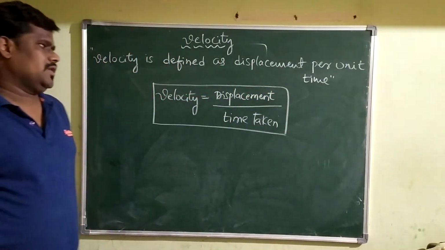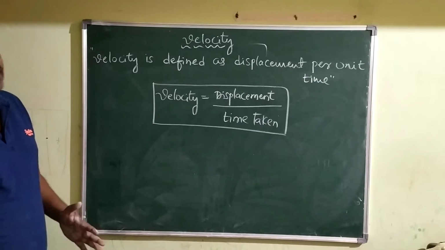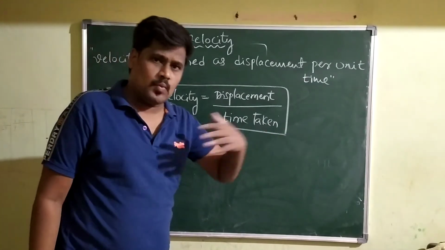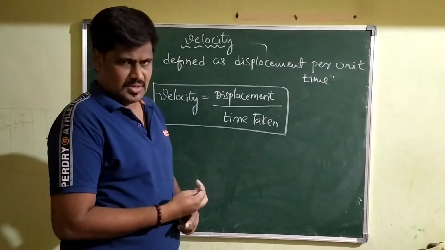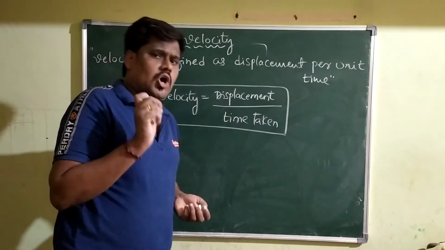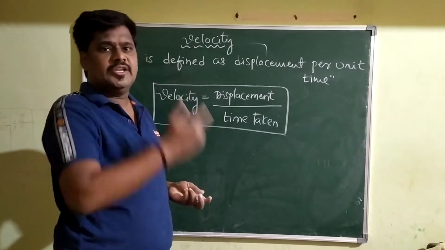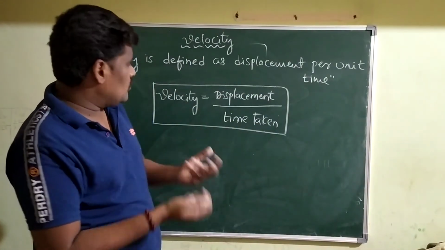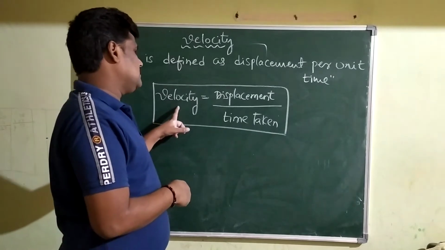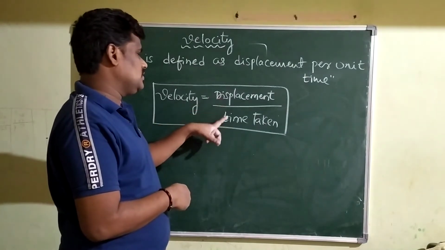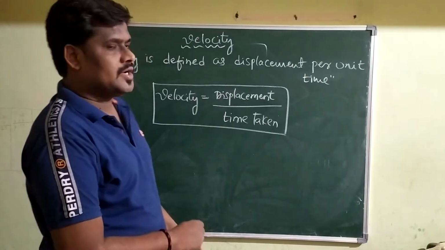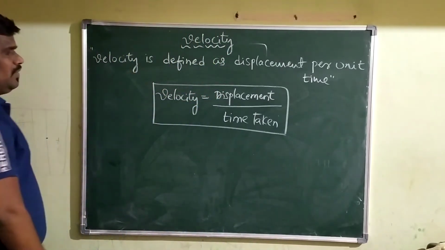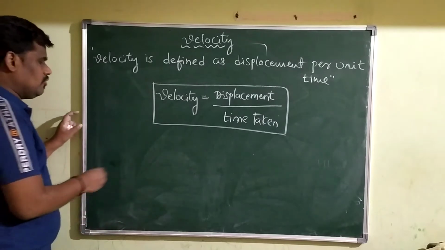You know very well what is displacement. Displacement is a change in position of a body along one particular direction, or displacement is the shortest distance between initial position and final position of a body. If you know the displacement, the velocity can be calculated by using the formula displacement of a body divided by time taken.